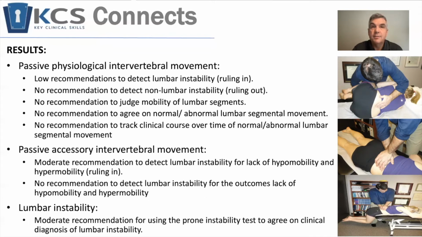In regards to passive accessory movement testing, there's a moderate recommendation to detect lumbar instability for lack of hypo- and hypermobility to rule it in, but no recommendation to detect lumbar instability for the outcomes of lack of hypo- or hypermobility. And finally, for lumbar instability, there's a moderate recommendation for using the prone instability test, shown in the bottom picture on the right-hand side, to agree on clinical diagnosis of lumbar instability.